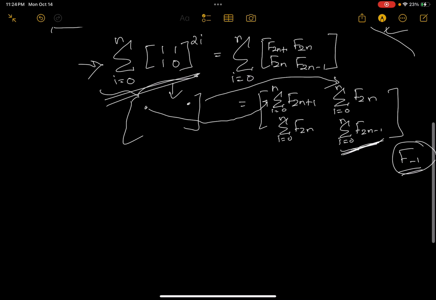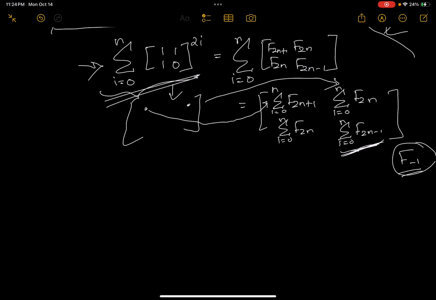Okay, so we want to find this sum, right? The sum from i equals 0 to n of [[1, 1], [1, 0]] to the power 2i. Now I will use the geometric sequence.